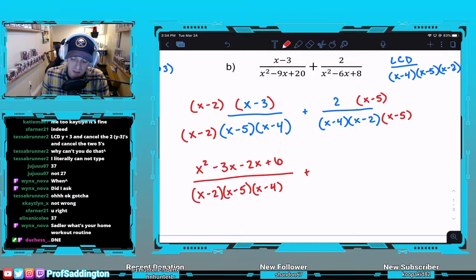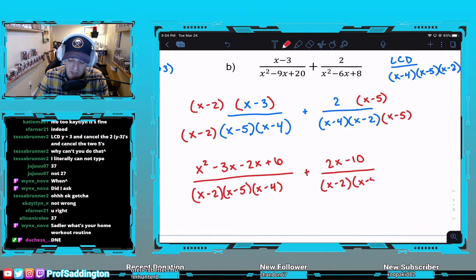Plus, I could distribute that 2 in. So I'm going to have 2x minus 10 all over, and it doesn't matter which order you put the parentheses in. I'm going to stay consistent with the first fraction, and I'm going to put the x minus 2 first, the x minus 5 second, and the x minus 4 third.